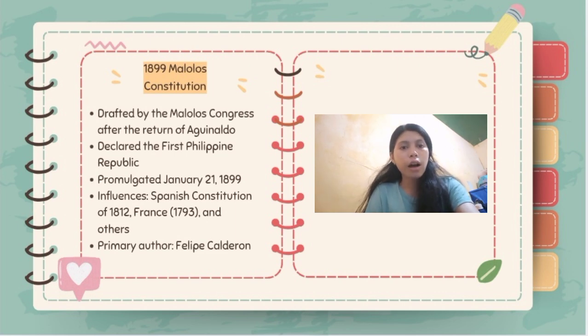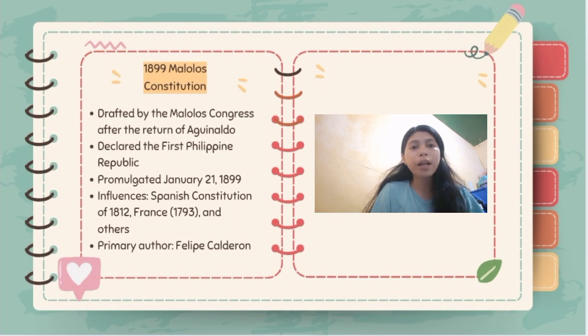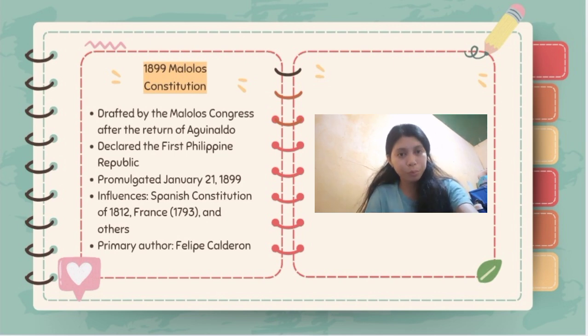The Malolos Congress formed a committee to write the constitution. One of the most important members of the committee was Felipe Calderon. He was a lawmaker and a lawyer, a strong supporter of Filipino independence. He worked with the other leaders to create a document that would lay out the basic rules for the new government.